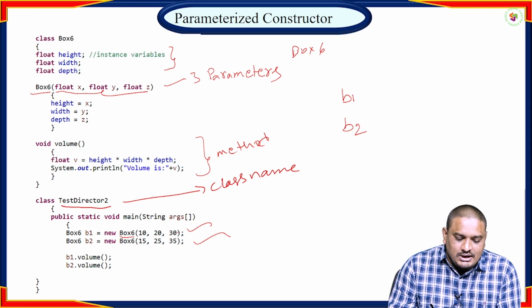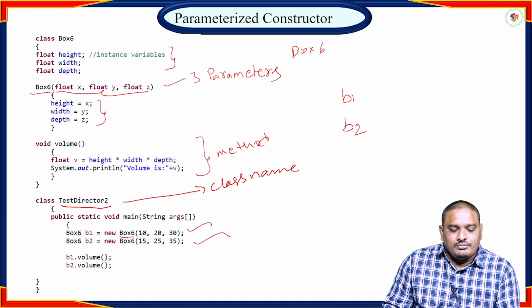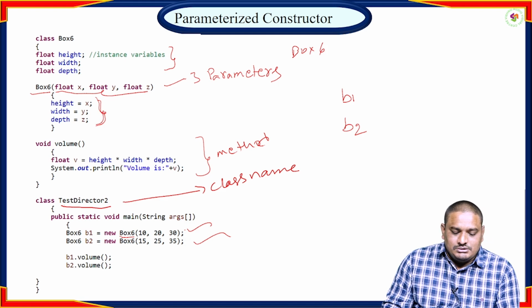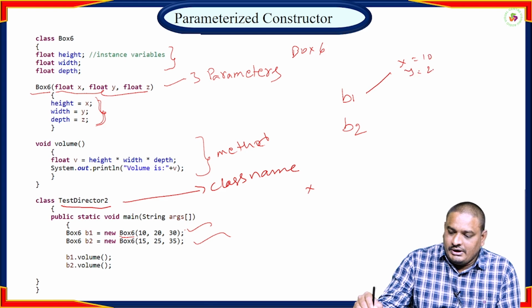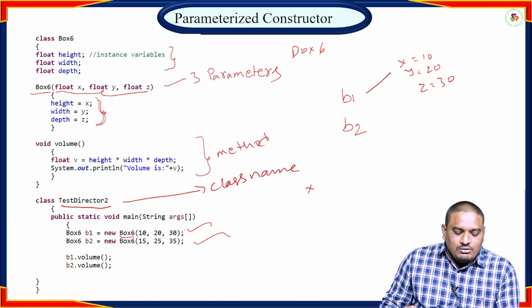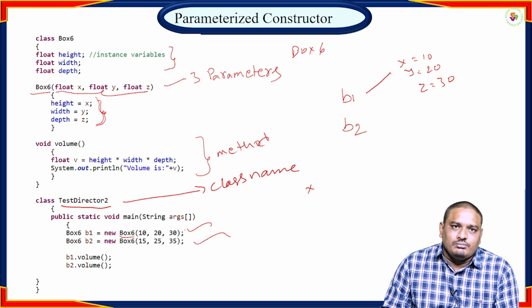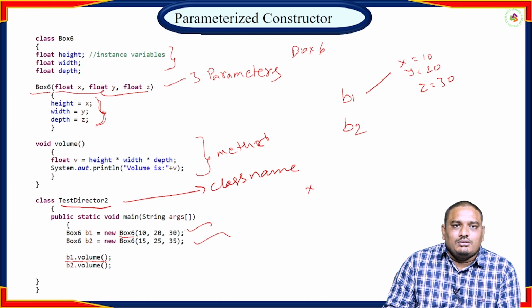These values are assigned to the variables: X is 10, Y equals 20, Z equals 30. Now we call the B1 object's value method, B1.value.